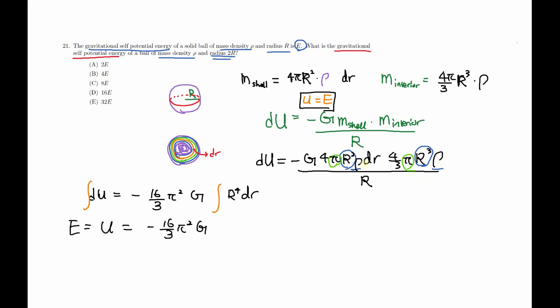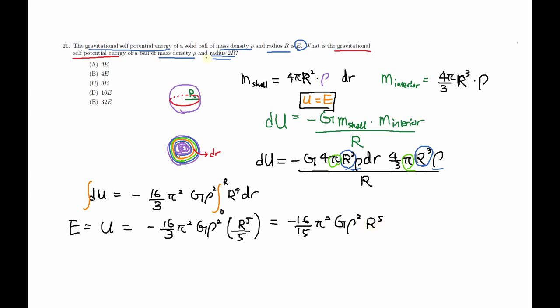Oh, we forgot the rho here, right? So you should have rho squared. And then this simply becomes r to the fifth over 5, from 0 to r. So we simply evaluate this. Ultimately we get negative 16 over 15 pi squared G rho squared r to the fifth power.